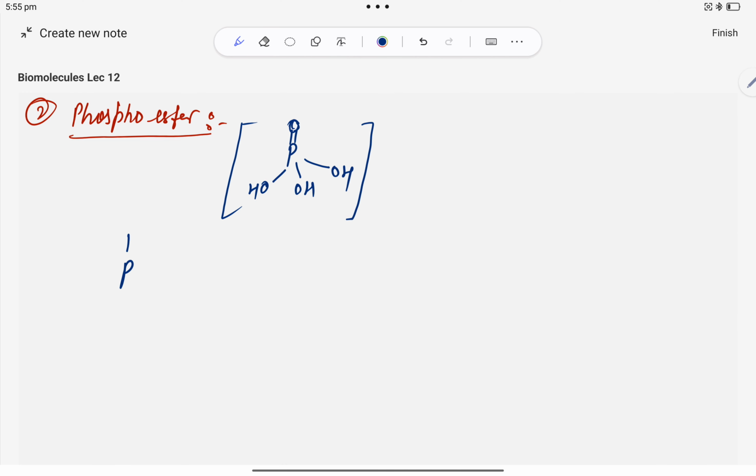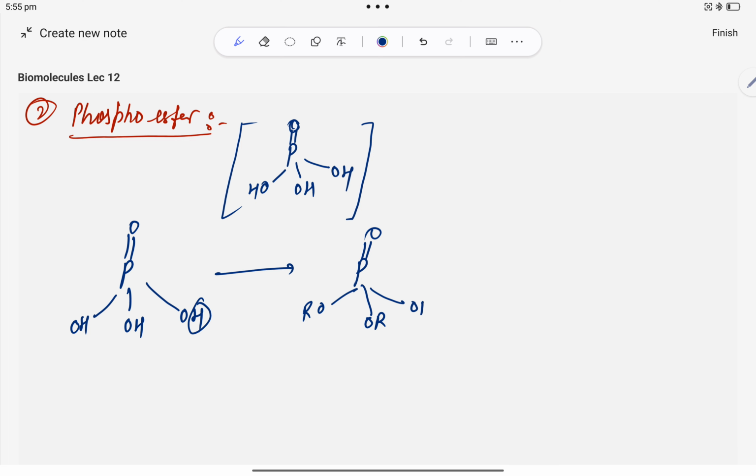In that case, if you are removing hydrogen and adding R, then it is converted into OR.